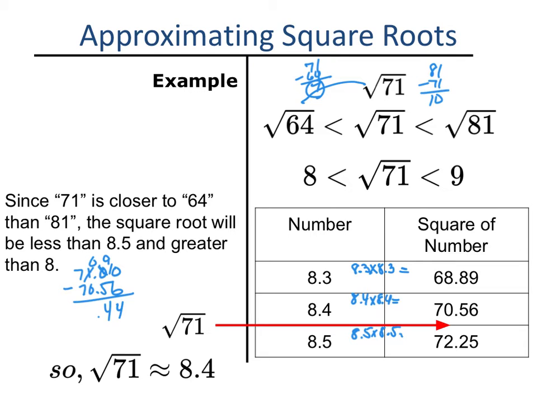And now I'm going to do the same thing with 72.25. I'm going to take 72.25 minus the 71, and the difference there is going to be 1.25. So the smaller difference is the difference between 71 and 70.56, which means the square root of 71 is approximately 8.4. It's not exactly 8.4.